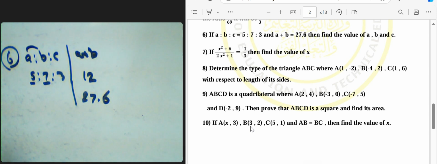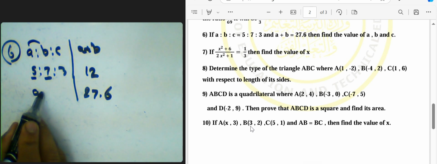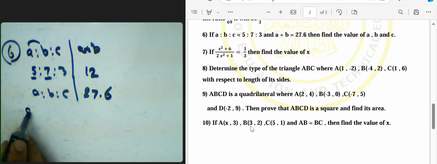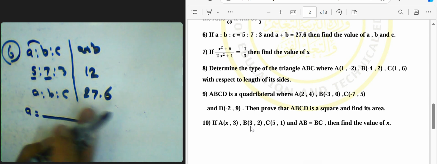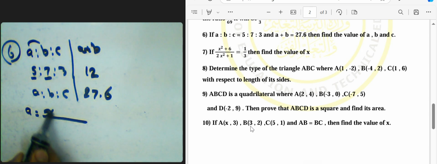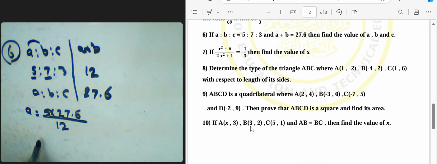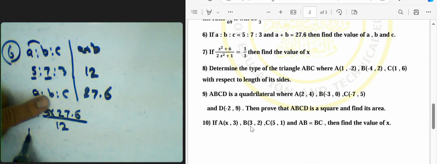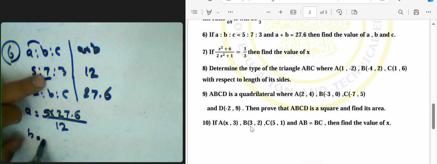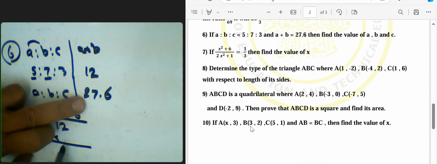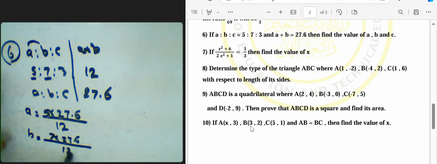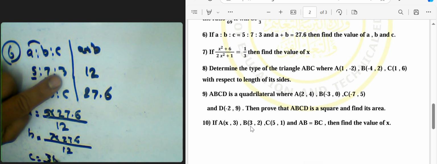To find the value of A, using the rule product of extremes equals product of means, then 5 times 27.6 over 12, and the value of B equals 7 times 27.6 over 12, and the value of C equal 3 times 27.6 over 12.